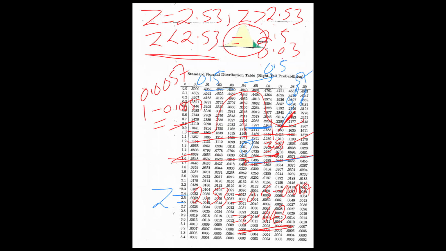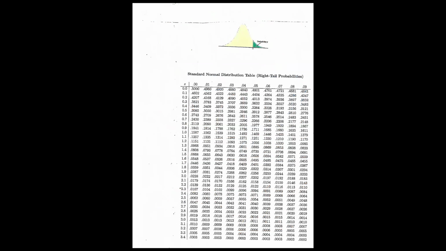Is that clear? Do we have any question? Or we need to try another one? Let's try another one as a second example. Now we are looking for the probability of 1.55. What's the way forward from here? This is Z. So we say Z is equal to that.